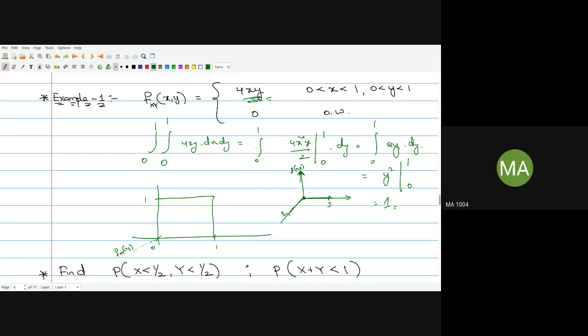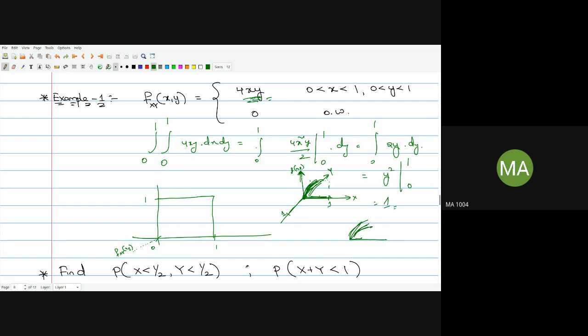It will be like a couch, like a tent. I can't draw it in a 2D plane, but the values will increase as x and y values increase.